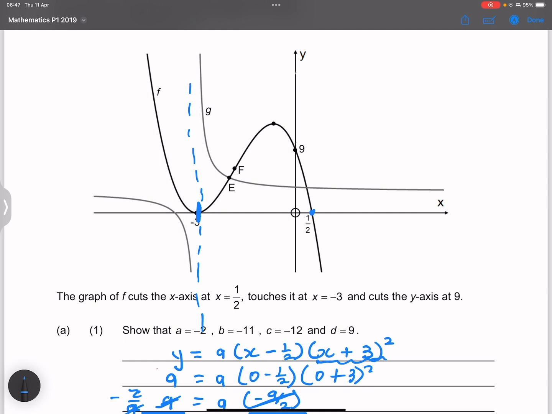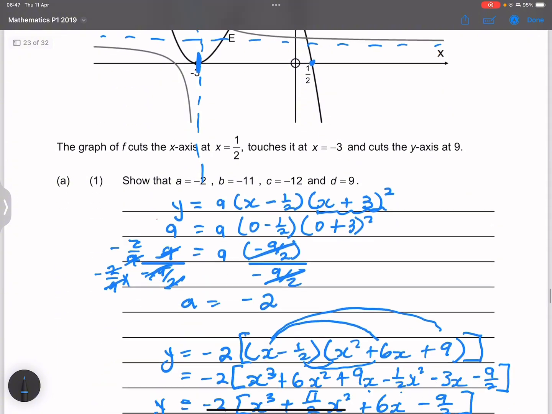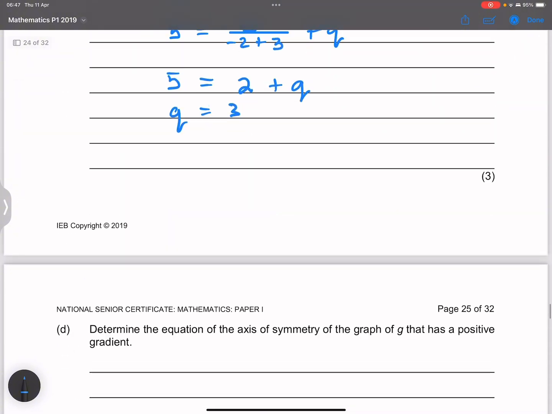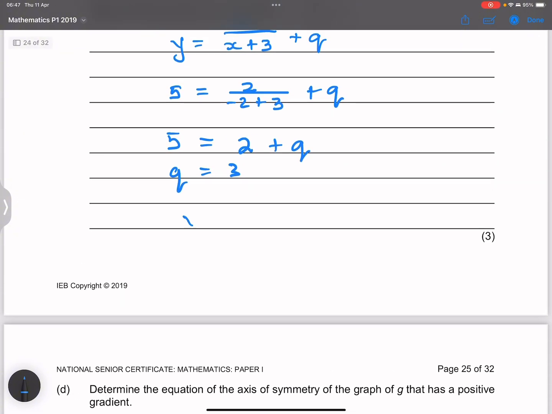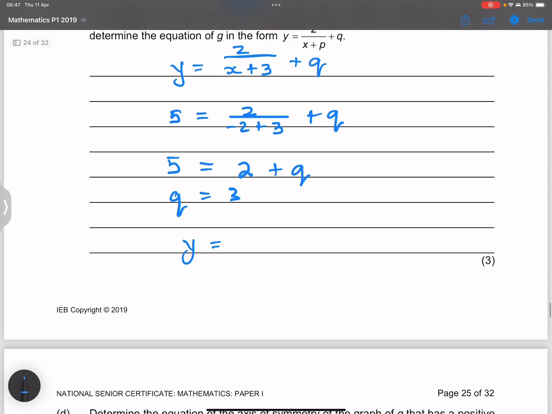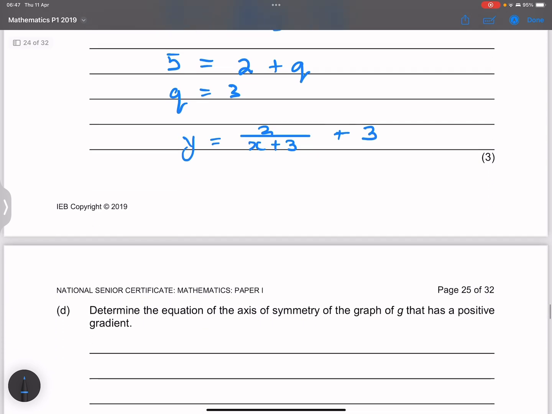So somewhere over there. So this is at y is equal to 3. So what would be the final equation? We've got simply y is equal to 2 over x plus 3, plus 3 as well. Please remember that the y asymptote does not change sign.